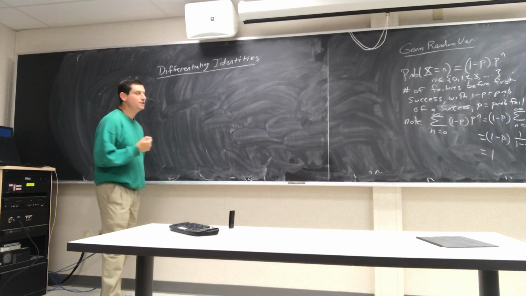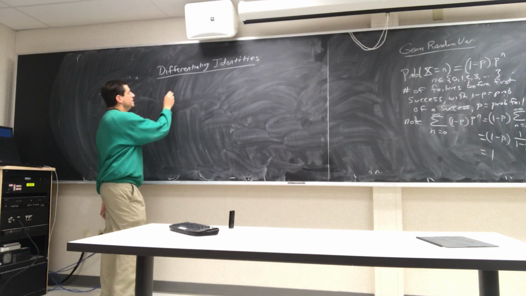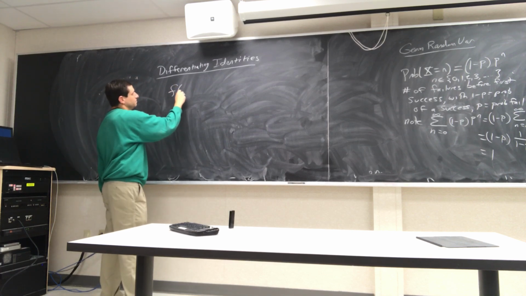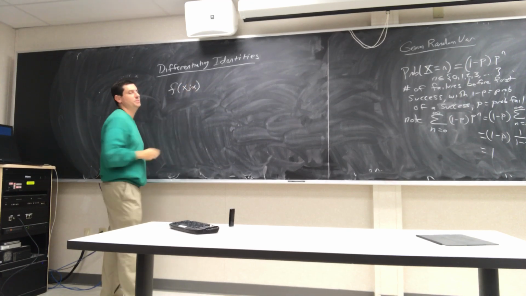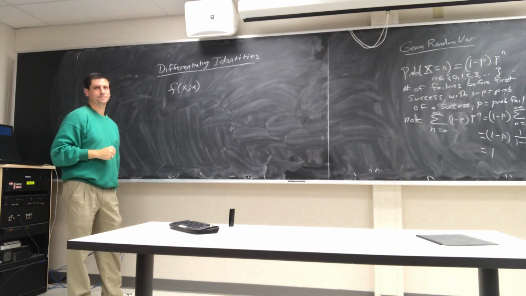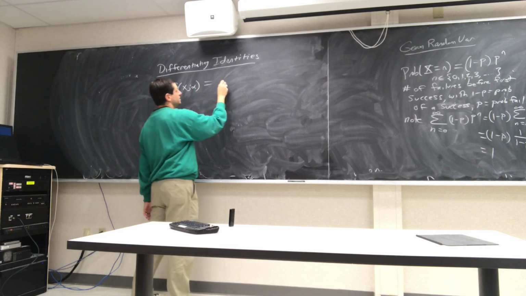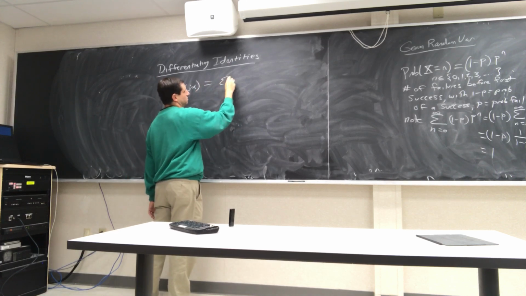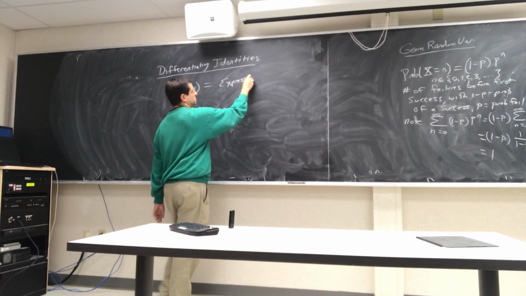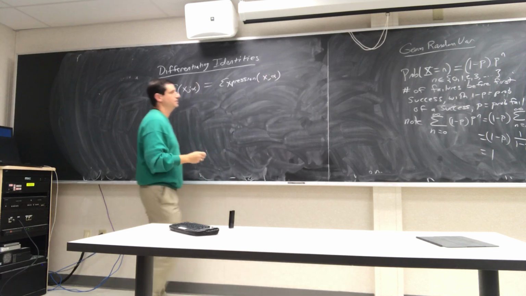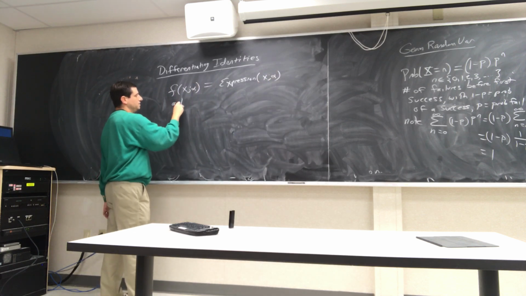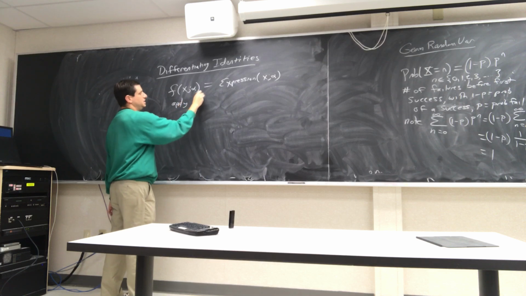And the idea is roughly the following. You have some function with some different types of parameters, maybe x and alpha. And you have some kind of expression depending on x and alpha. And then you apply d by d alpha.